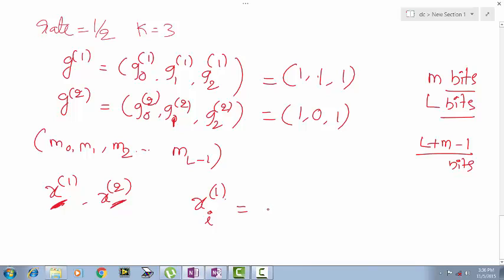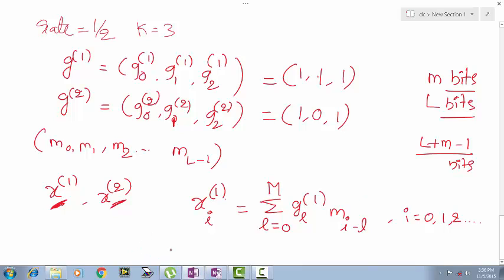Discrete time convolution is given by sigma L equal to 0 to capital M, GL of 1 M I minus L, where I equal to 0, 1, 2 and so on. This is the first output, and I indicates the bit index.